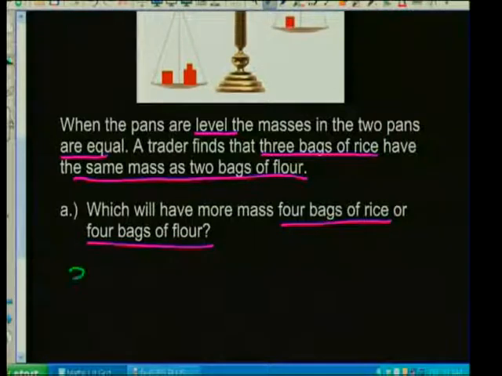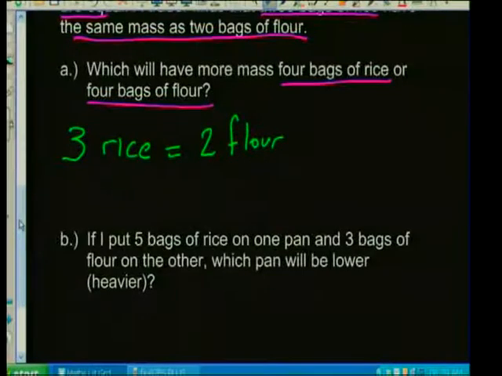We had 3 bags of rice is equal to 2 bags of flour. That's what he's discovered. Now we want to know if we've got 4 bags of rice and 4 bags of flour, which is going to be heavier.